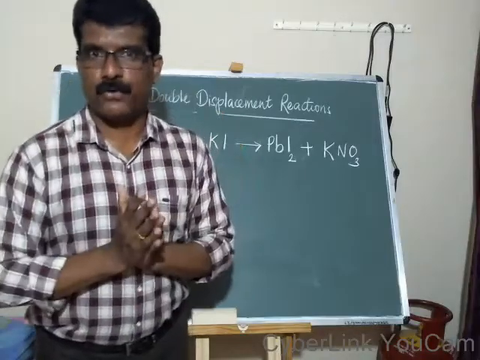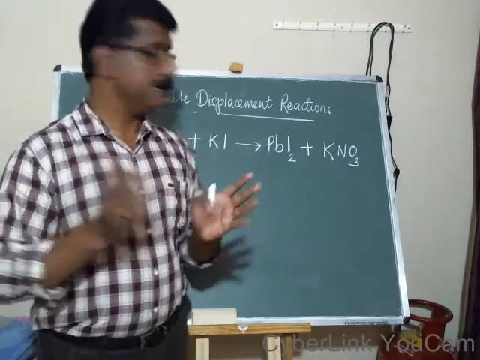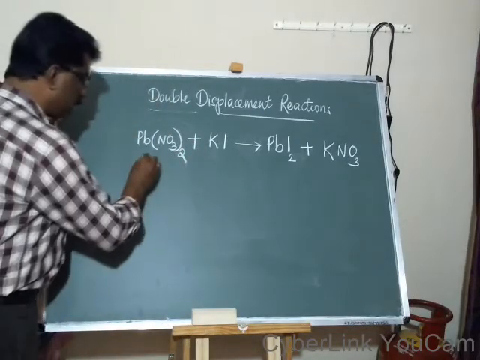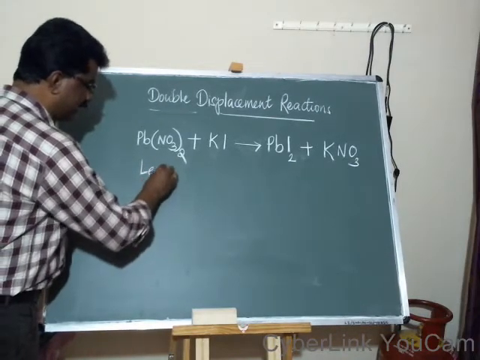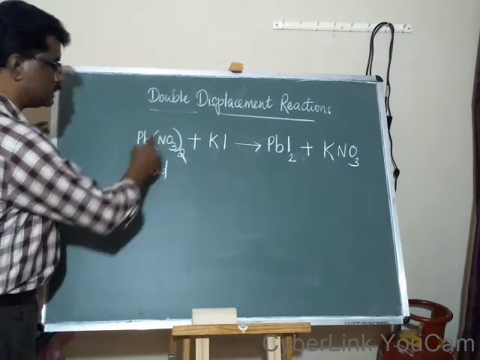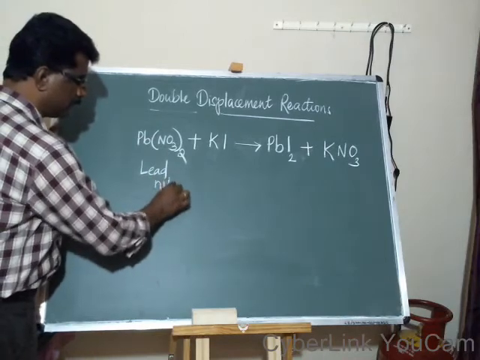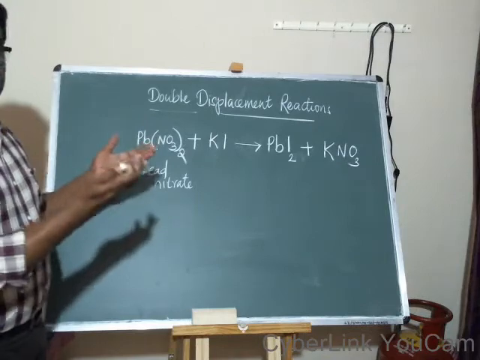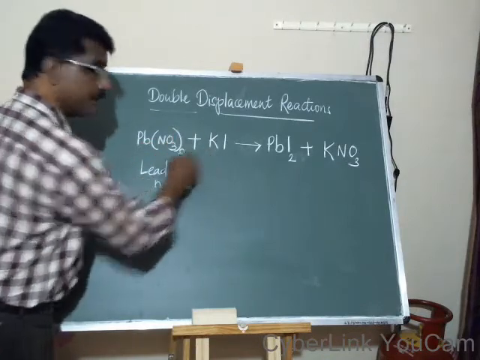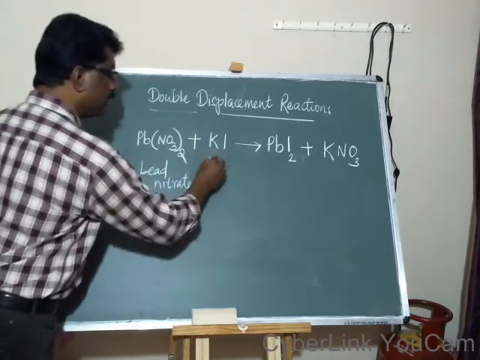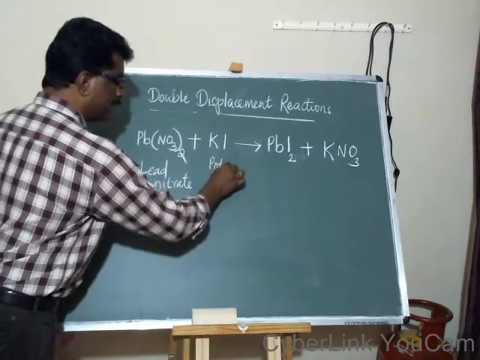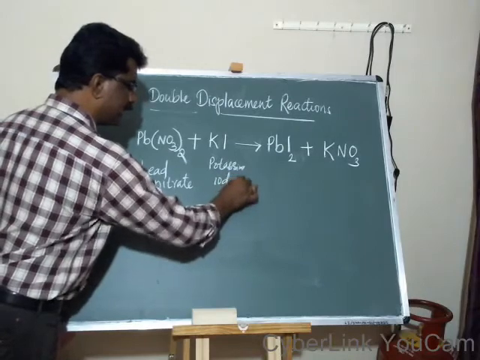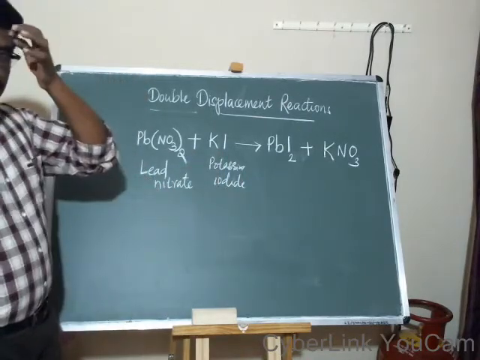Another example for double displacement reaction, let us see. Pb(NO3)2 is lead nitrate. Lead nitrate is a salt. It is reacting with another salt, that is potassium iodide, KI. When lead nitrate reacts with potassium iodide, what happens?